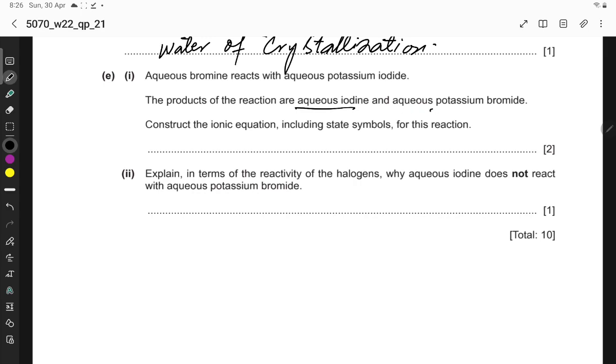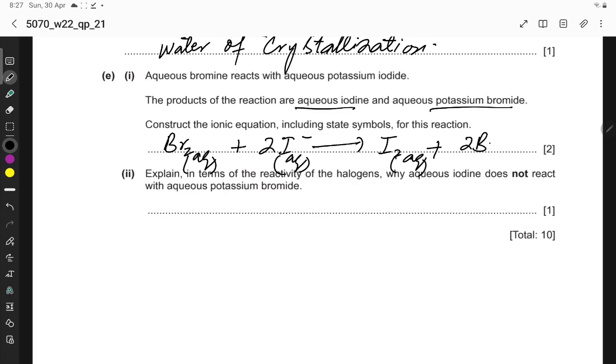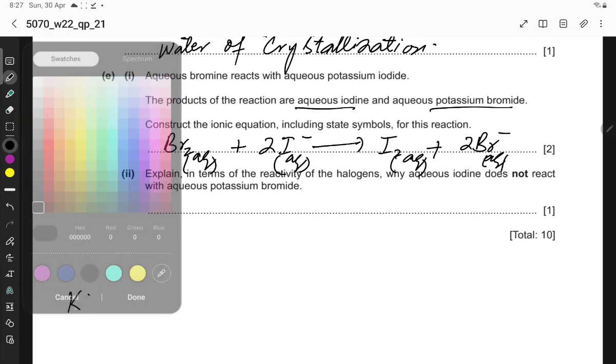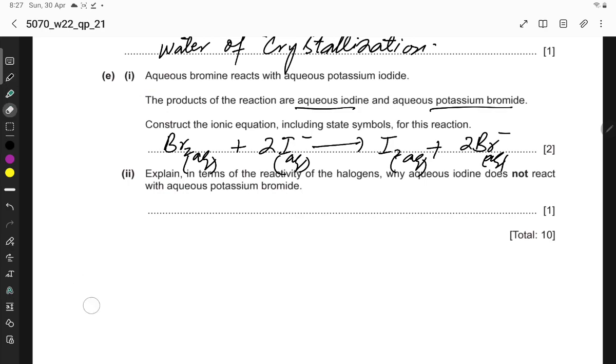So this is Br2 aqueous plus 2 iodide ions to form iodine aqueous plus 2 bromide ions. The chemical equation is Br2 aqueous plus potassium iodide to form potassium bromide plus iodine.